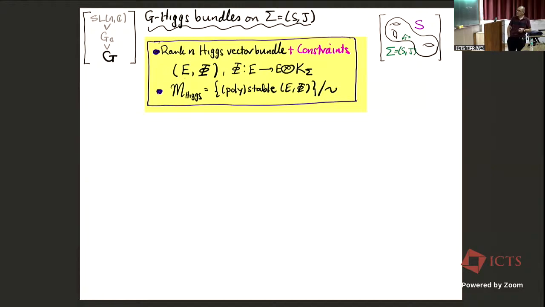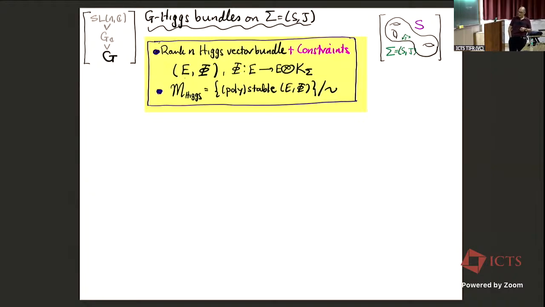Since we're restricting to real forms of complex groups that are subgroups of SL(n,C), we can describe all the Higgs bundles as SL(n,C) Higgs bundles with some extra features that reflect the fact that we want to talk about a subgroup G. An SL(n,C) Higgs bundle you can also think of as just a Higgs vector bundle. So the objects are rank n Higgs vector bundles with extra constraints reflecting the fact that we're talking about a group G.